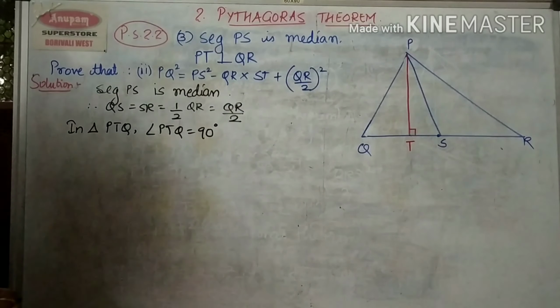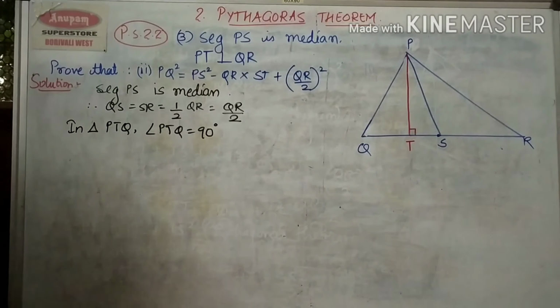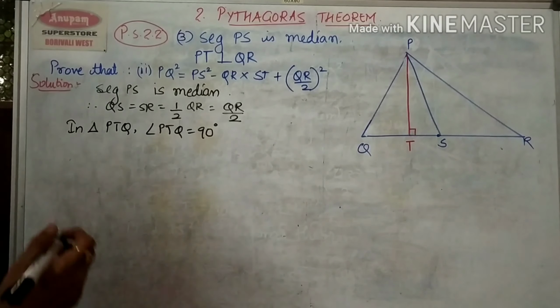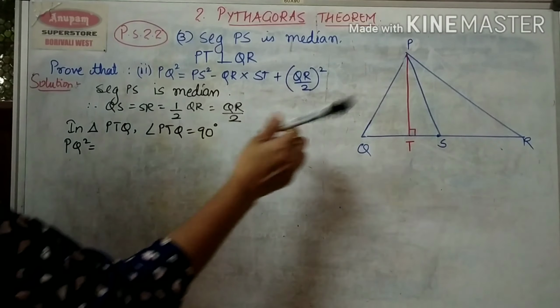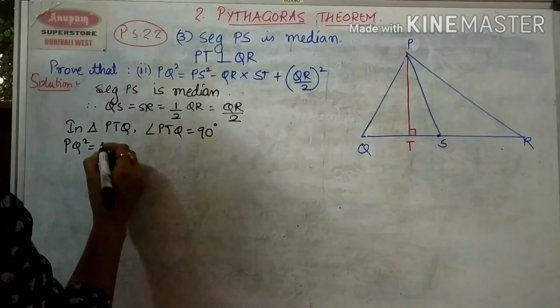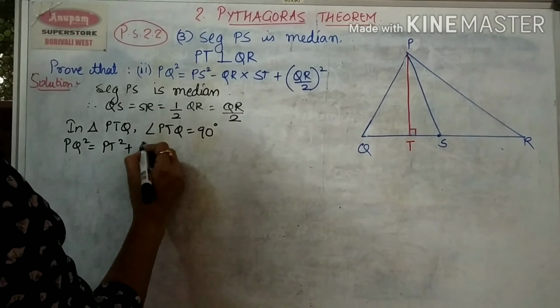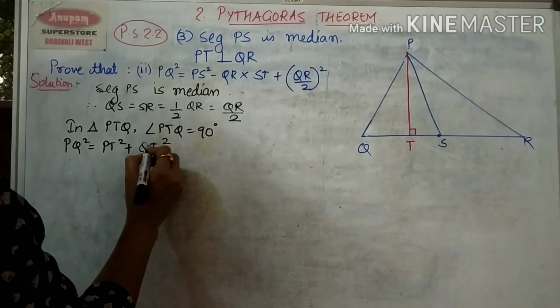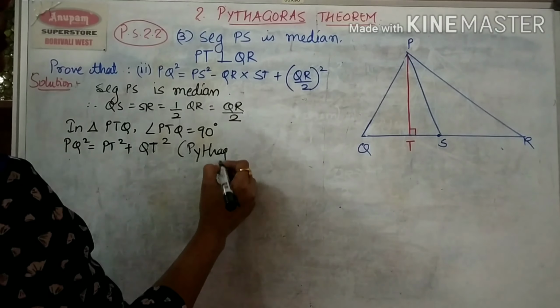It is very important to show that the angle in a triangle is 90 degrees, and then only you can proceed further to apply the Pythagoras theorem. So PQ square is equal to PT square plus QT square, because of Pythagoras theorem.